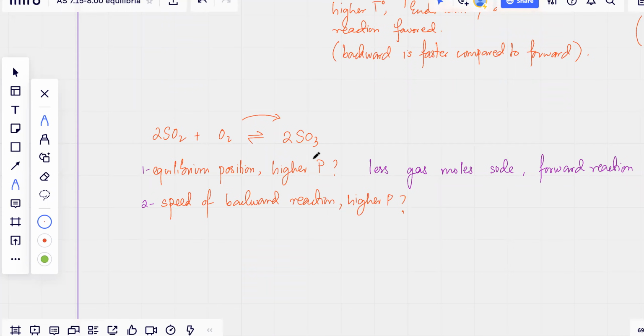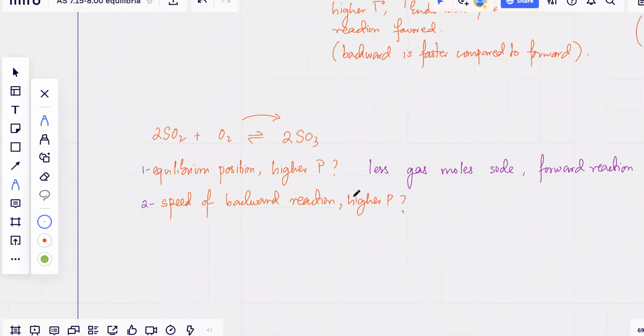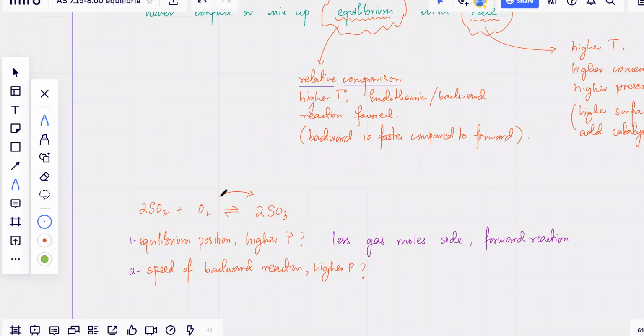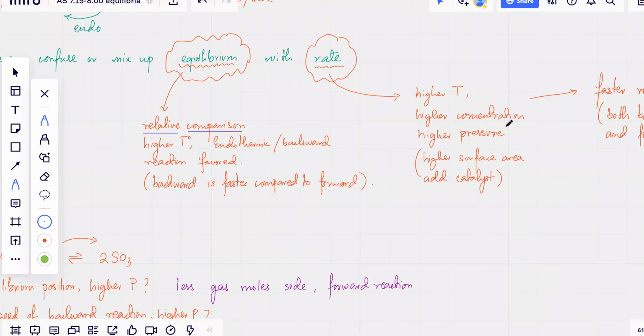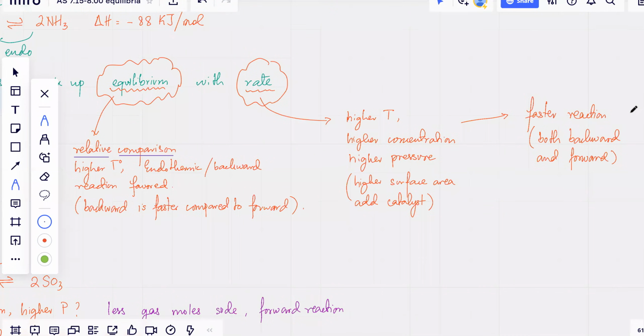So at higher pressure, what would happen to the speed of the backward reaction? Can you even answer? It will slow down. What did I say about, I mean, this question is about the rate of reaction. What did I tell you about rate? That whenever you have higher pressure or higher concentration or higher temperature, what happens to the reaction? It's going to be faster. Is that clear?